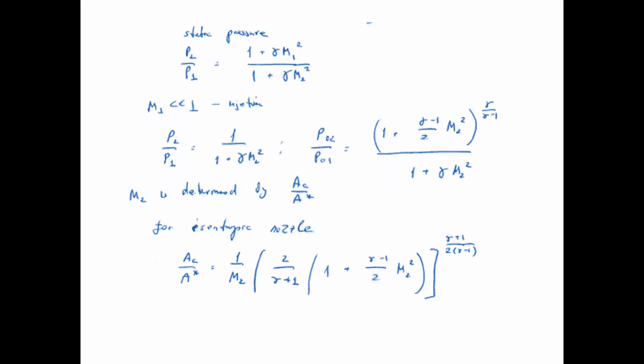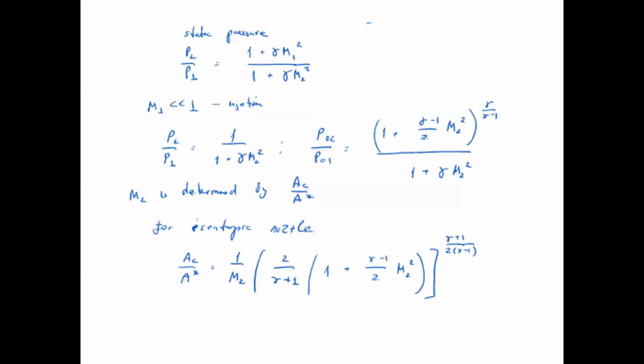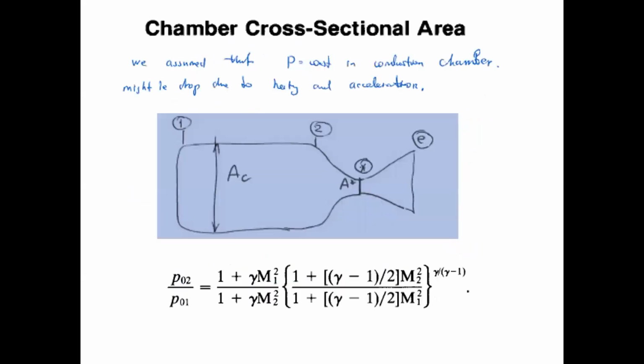Here, let us assume that M1 is very small, less than 1 Mach number. If we do that in both equations, the stagnation pressure equation at the bottom as well as the static pressure equation, the M1 into gamma term, or in the stagnation pressure, the gamma minus 1 divided by 2 into M1 squared term, can be neglected.